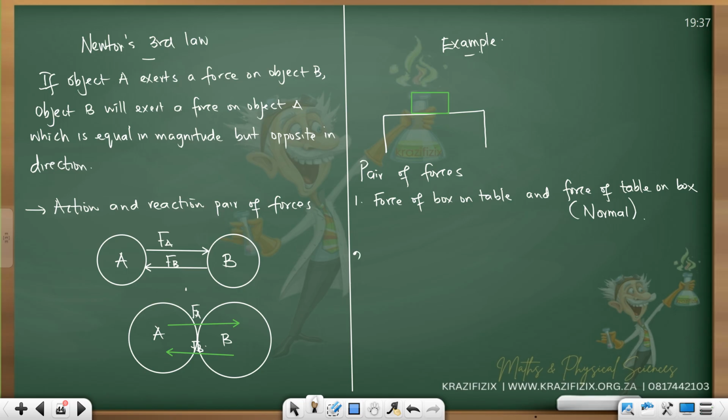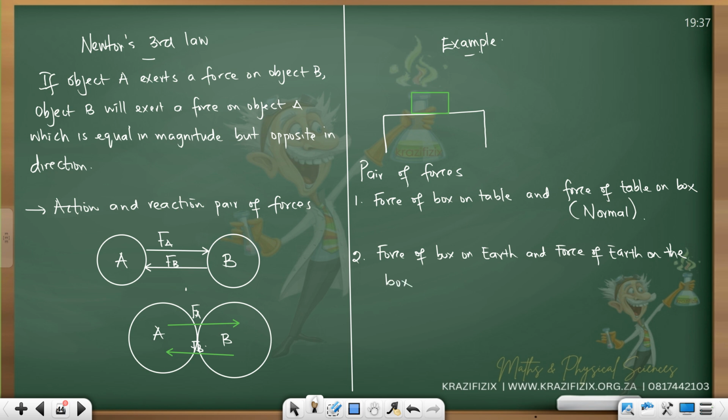Number two, another force. Now, the earth is pulling the object, right? So we have the force of the box on the earth and the force of the earth on the box.